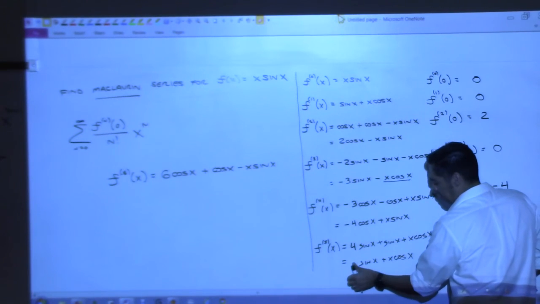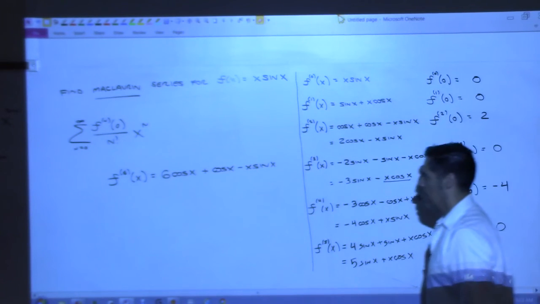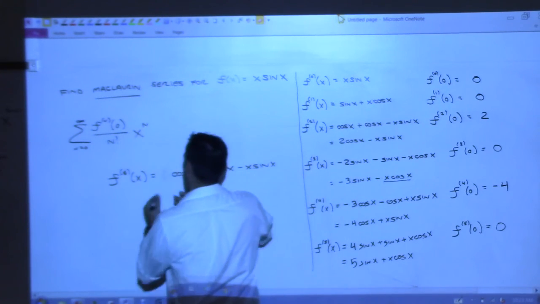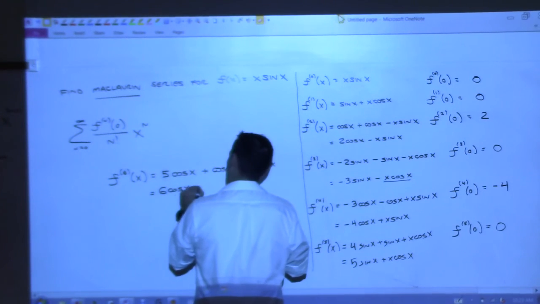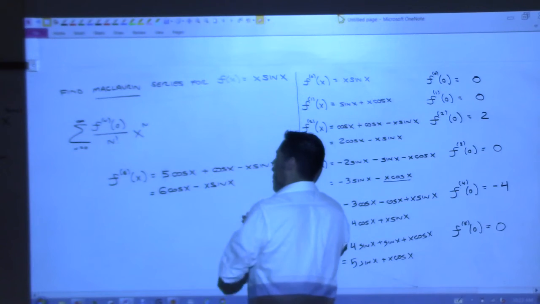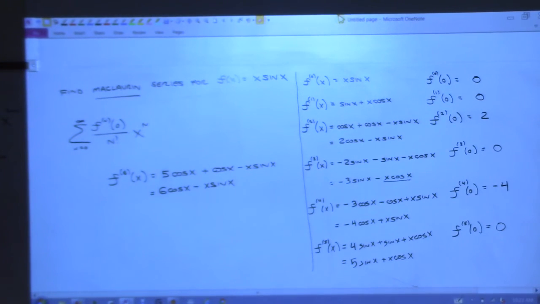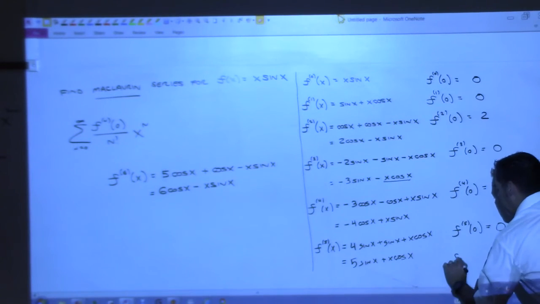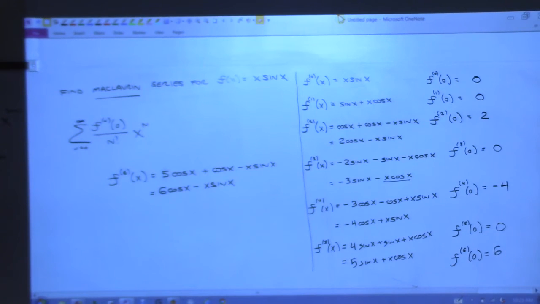And then this should be a 5, which means this should be a 5, which means it should be 6 cosine x minus x sine x. There we go. So when we plug into that, we get 6. So the sixth derivative at 0 is 6. And I think we can safely say the next one would be 0, then negative 8, and then 0, and then 10.